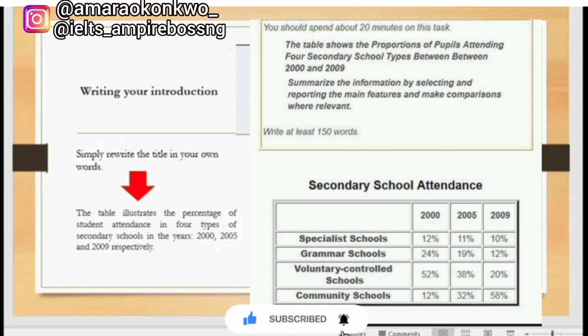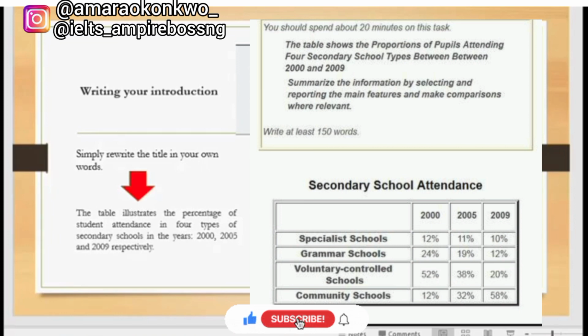And then the decline of attendance is quite drastic in the voluntary controlled schools, from 52% down to 20%. Now, community schools show quite the opposite. Community schools are the only schools that recorded an increase in attendance.